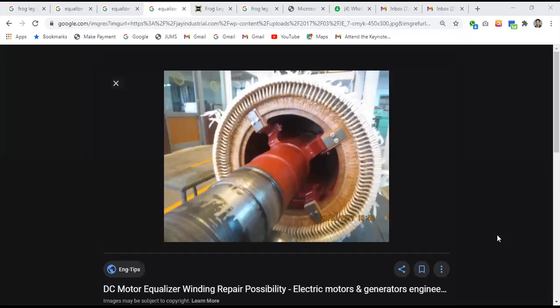One of the connections I have seen on a website, so I'm just sharing that. Can you see this? Yes, sir. So this is one kind of equalizer connection, but not in the form of a ring.